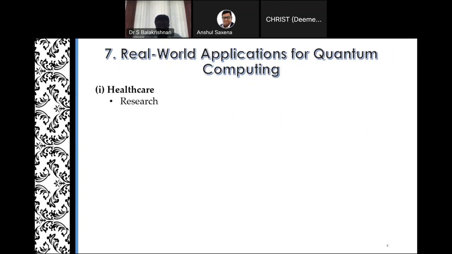The second very important healthcare application is diagnostics. Here, quantum technologies would be able to provide faster and more accurate diagnostics with a variety of applications.